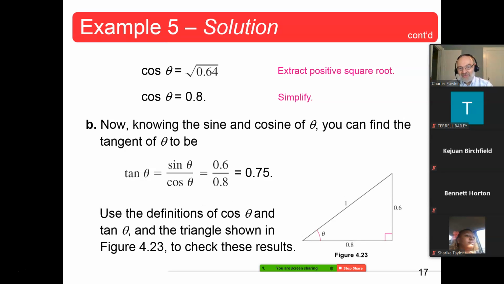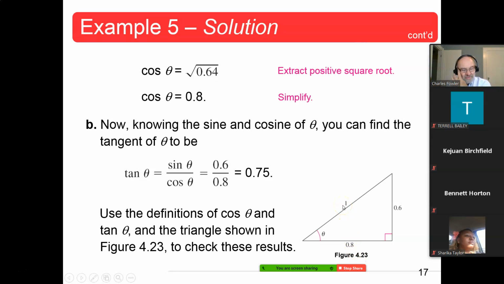Now, here they show you the other part. Using the definition of cosine and tangent, the right triangle shows those results. Rather than using 0.6 and 0.8, why don't you do 3/5, 4/5, and 1, which you could make 3, 4, and 5.